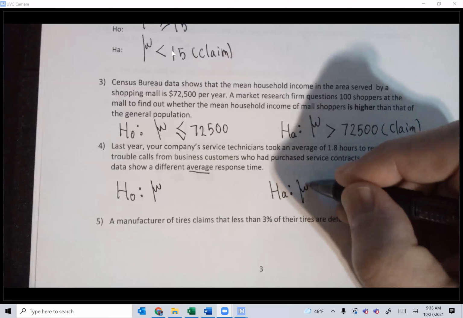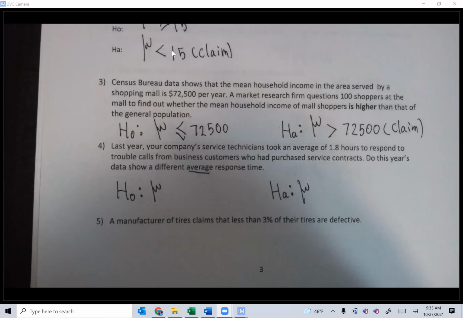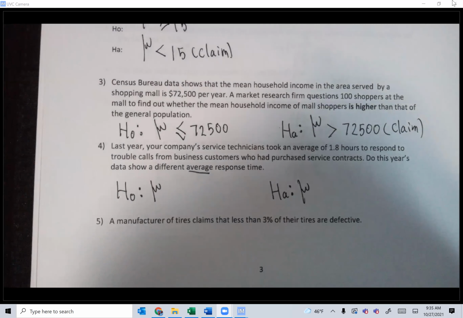Now, who can tell me what are the null and the alternative hypotheses here? This year's data show a different average response time from last year. Suggestions? Okay, let's see what we have here. Yes, you are correct.